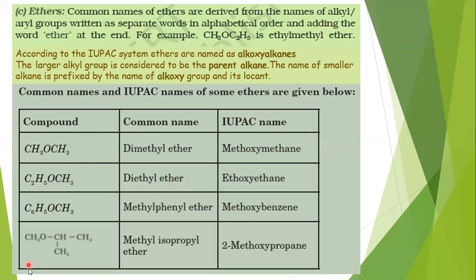This image is taken from the book, so let me correct it: C2H5OC2H5. So it is diethyl ether, or ethoxyethane. This is the ethoxy part, and it is derived from ethane. In this ethane, C2H6, one hydrogen is replaced by this OC2H5 group, so this is the ethoxy group.